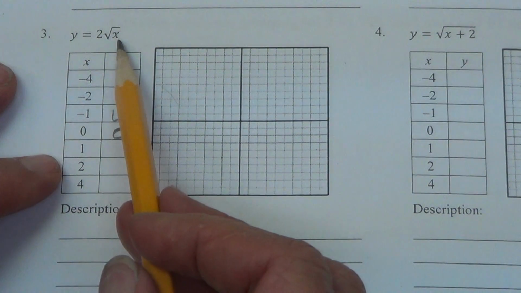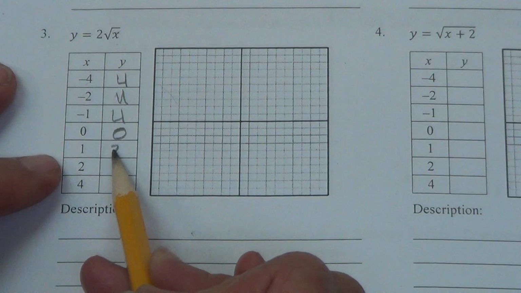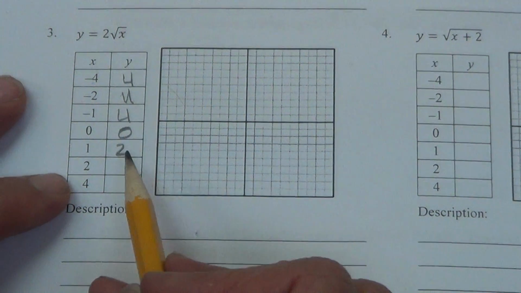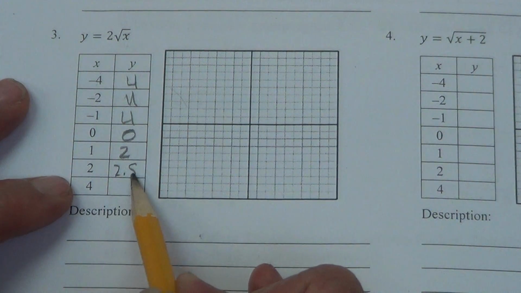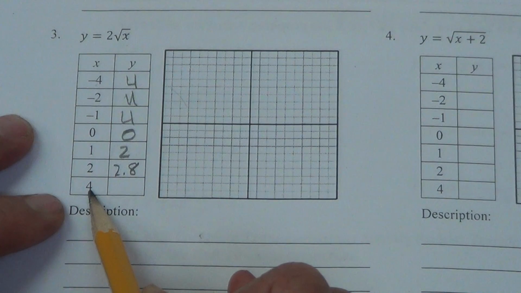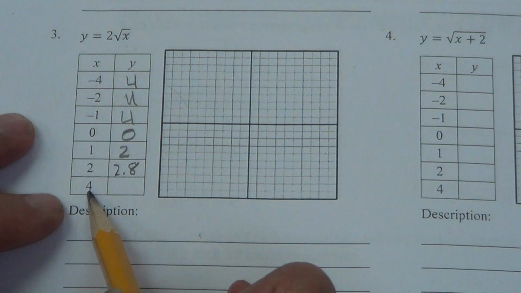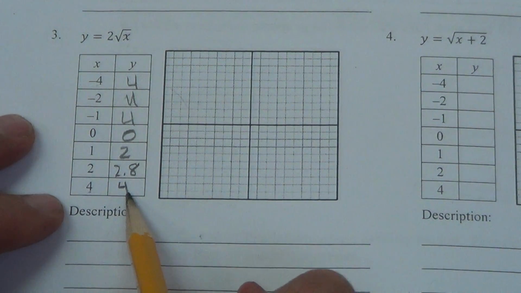Square root of 1 is 1 times 2 is 2. Square root of 2 is 1.4 times 2 is 2.8. And square root of 4 is 2, times 2 is 4.